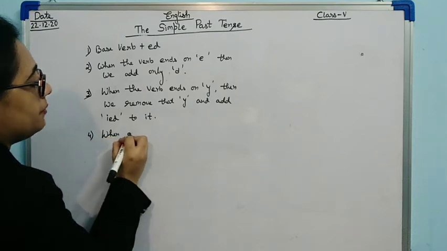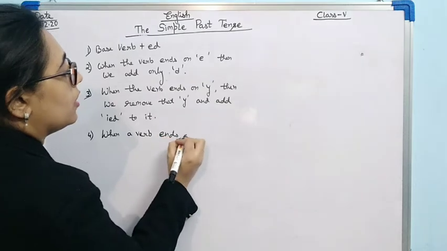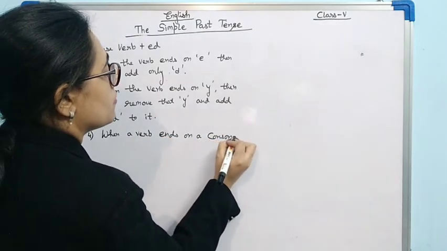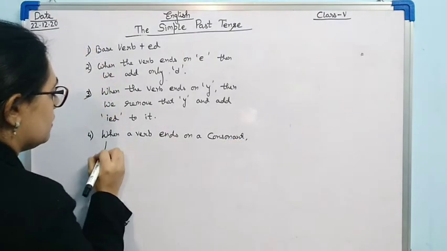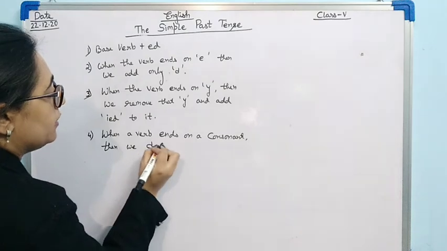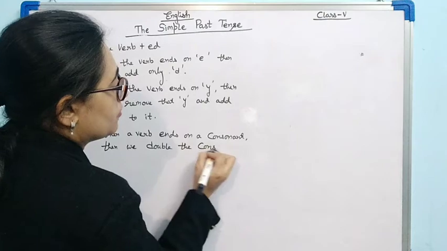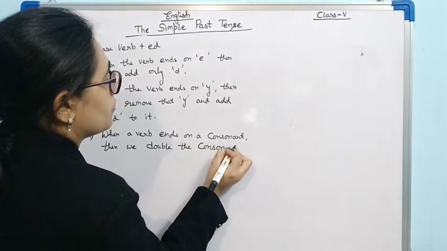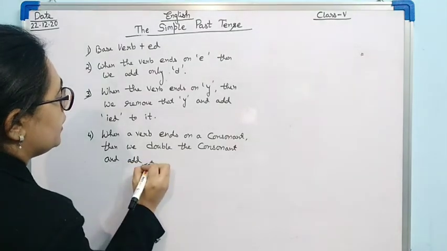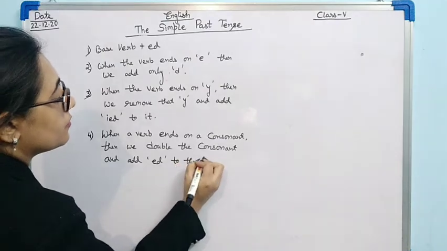When a verb ends on a consonant, then we double the consonant and add ed to the verb.